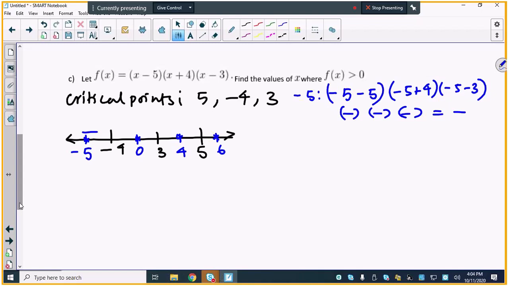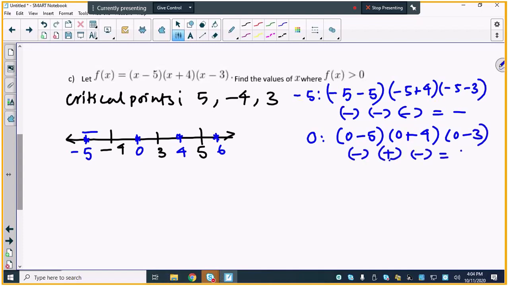Then I will try 0. I will get 0 minus 5, 0 plus 4, and 0 minus 3. So the first one is negative, the second one is positive, the third one is negative. Total sign is going to be positive. Then I need the critical points 3 and 5, so the testing point is 4. So I get 4 minus 5, 4 plus 4, and 4 minus 3.